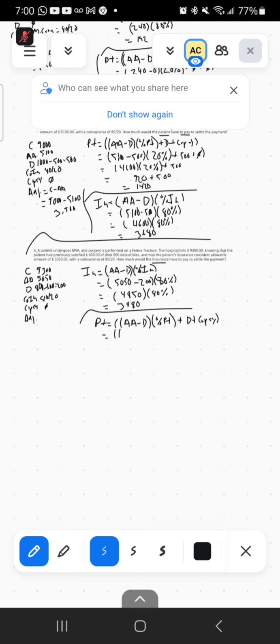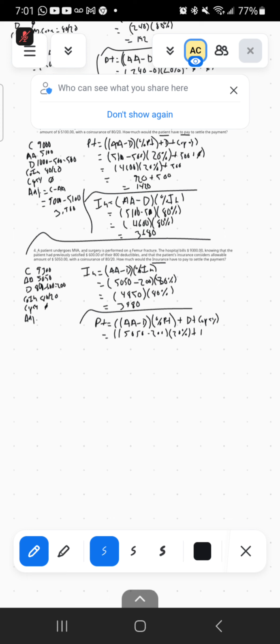The allowed amount is 5,050 minus 200. We're going to multiply that by 20%.